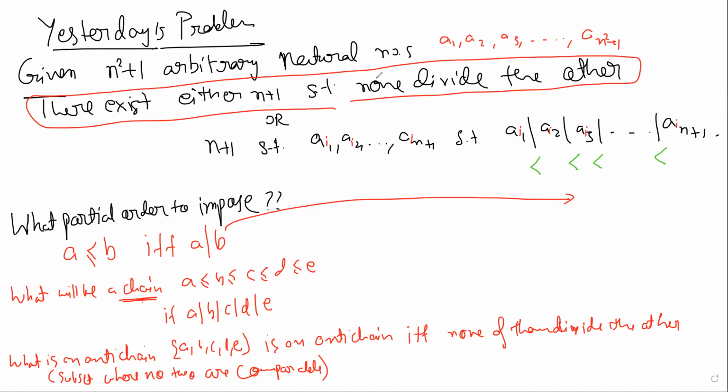So basically, this gets replaced by: either there is an anti-chain of size n plus 1, or there is a chain of size n plus 1. Does everybody agree with this? It is all it is, right? We want to show that either there is an anti-chain of size n plus 1 or there is a chain of size n plus 1.